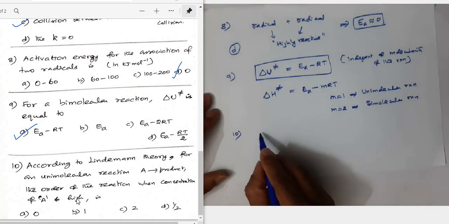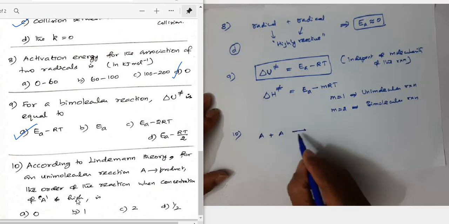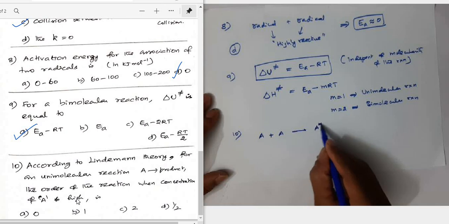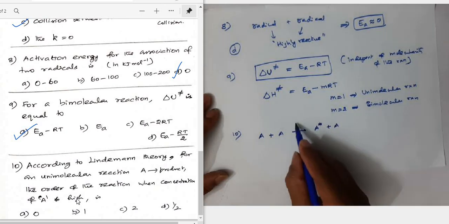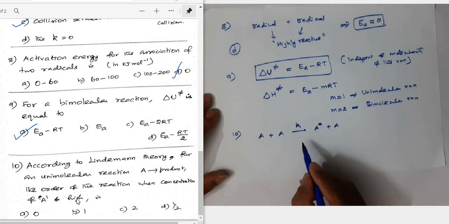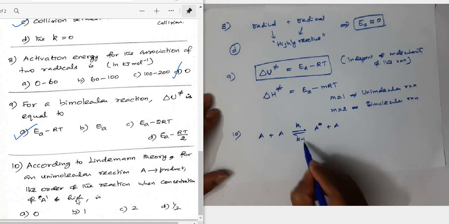Lindemann unimolecular reaction, this is the proposed mechanism: A plus A, that is, two same molecules collide, so that one molecule gets activated, and the other molecule remains in the same normal state. For this step the rate constant is k1, and the reverse reaction is also possible, that is k minus 1.